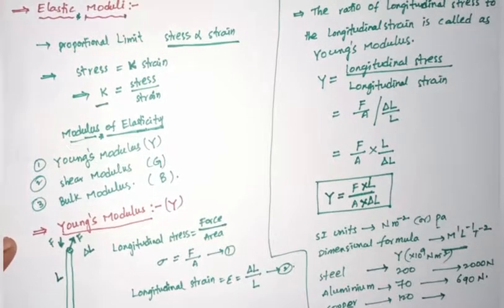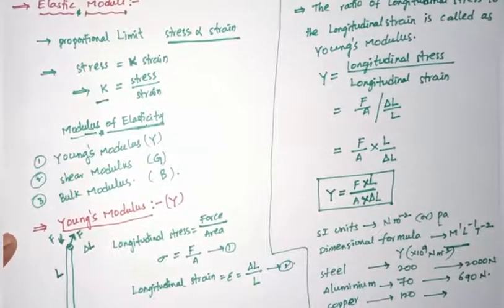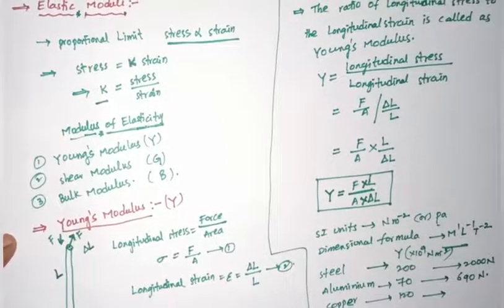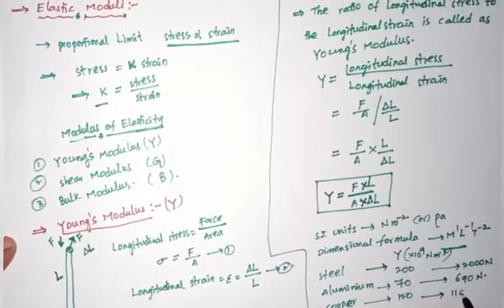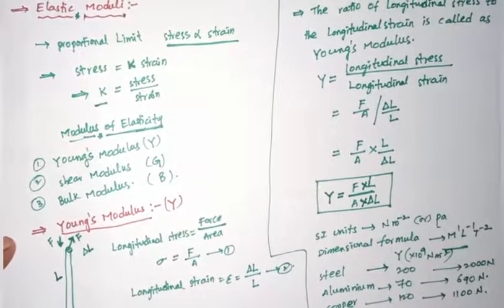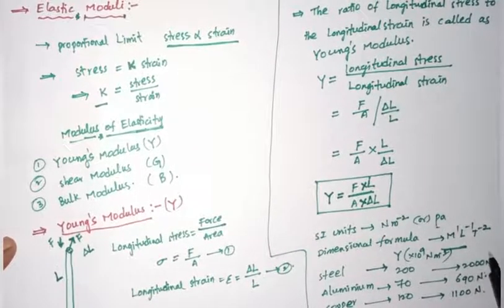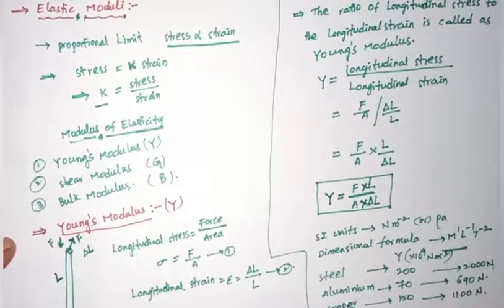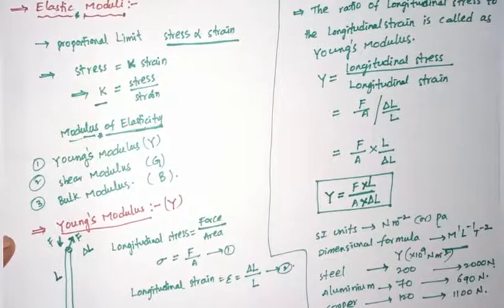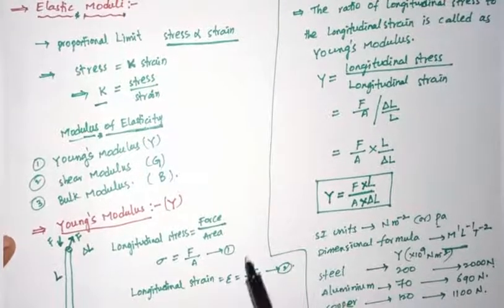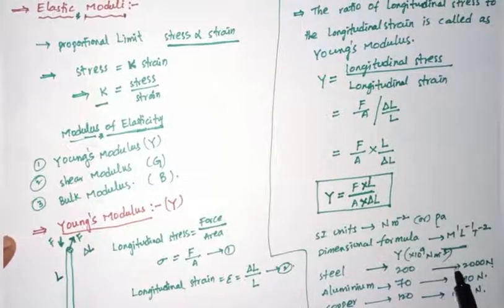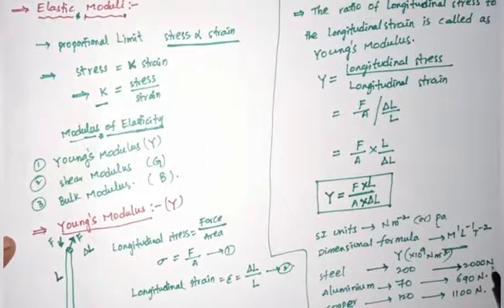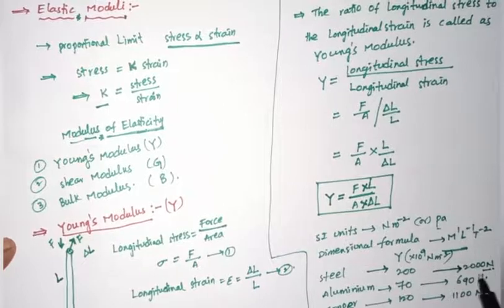For copper, 1100 newtons is required. So the more the Young modulus, the more force is required to enlarge the wire. Whether it is enlarged or compressed, more restoring force is required.